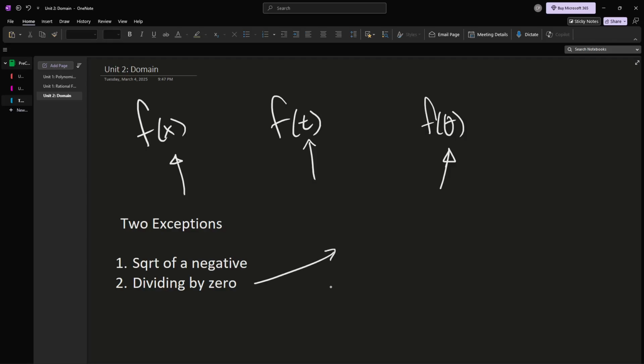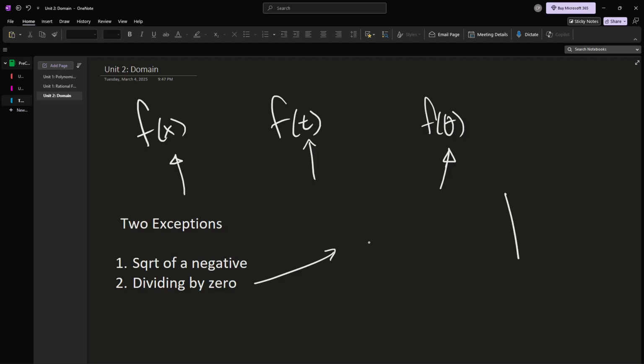Unless you have a clear restriction, as the question might tell you, like you are measuring time in hours since eating, and you only care about the first 10 hours, then your domain is from 0 when the experiment starts to 10 hours when the experiment ends.